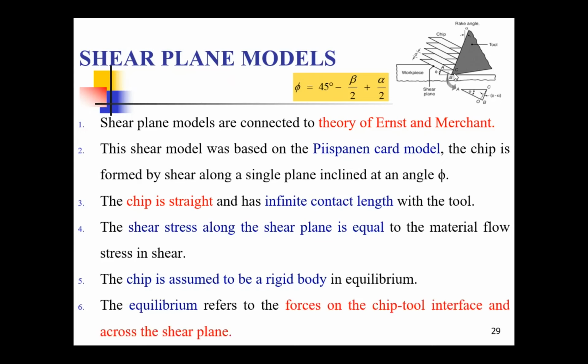The equilibrium refers to the forces on the chip-tool interface and across the shear plane. What is the force that exists at the interface of the chip and the tool? Because the chip slides over the tool, the forces will be the same. And across the shear plane, the plane at which the shearing action happens, the forces will be in equilibrium, that is, the same force will be applied.